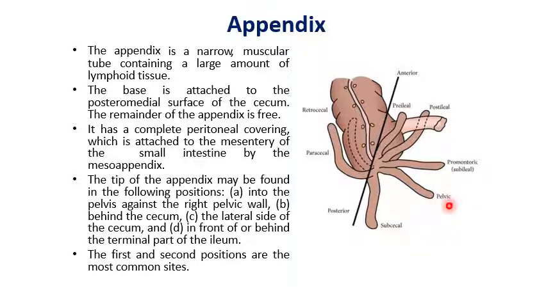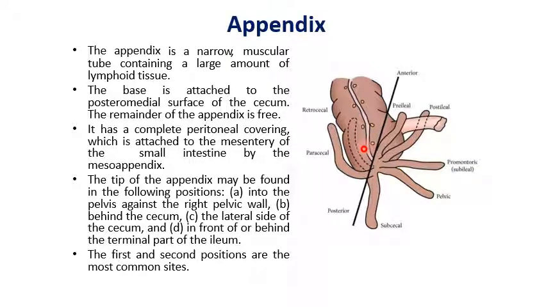Then it may be found behind the cecum. This is known as the retrocecal position, and this is the most common position found. See, it is shown with the dotted lines since it is posterior.